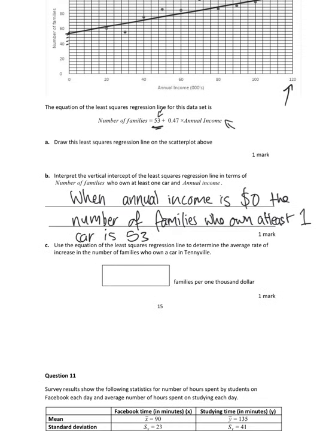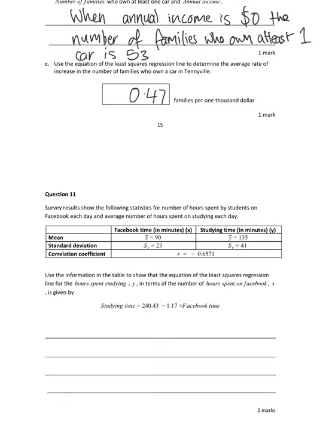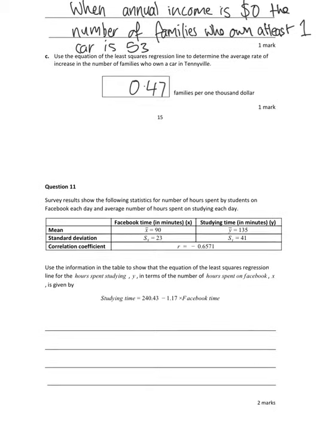Every time we go up $1,000, so we sub in a 1, or a 2, or a 3,000, or a 4,000, or a 5,000, the increase in the number of families who have one car is 0.47. So essentially it's just the slope. Cool. And that's the average rate of increase.